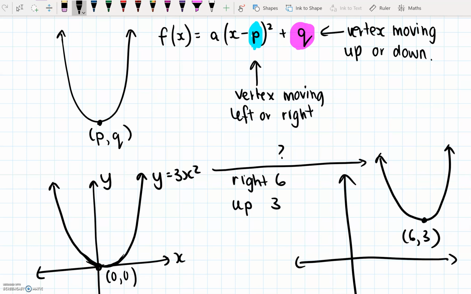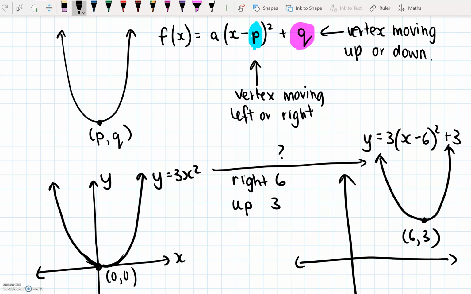This will now give us the formula y = 3(x - 6)² + 3, and that's what I meant by the negative.